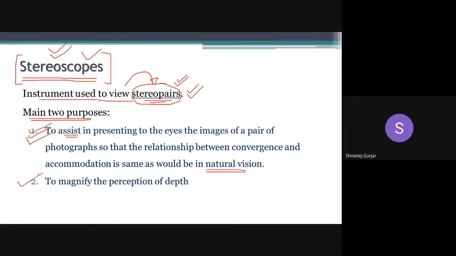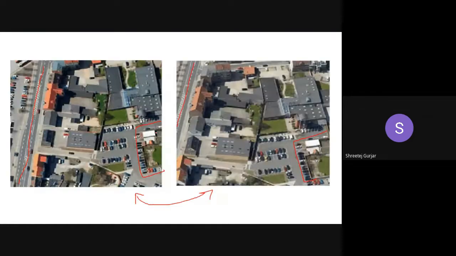Coming to the second purpose: to magnify the perception of depth, right? If you view single photographs like this, as you are seeing on your screen, you won't be able to perceive the depth. You will see a 2D image. You won't be able to see it in the form of 3D.